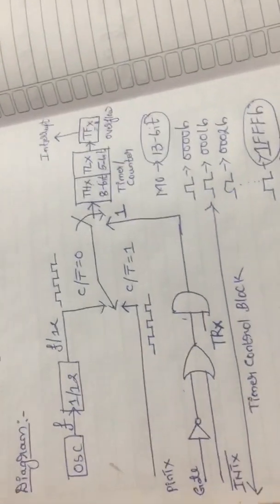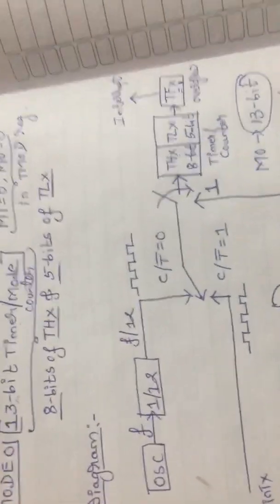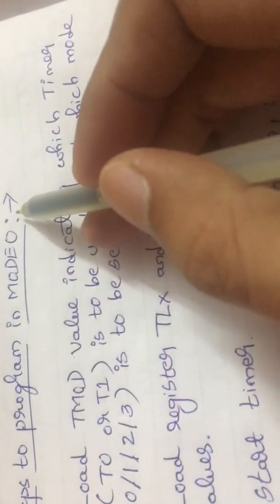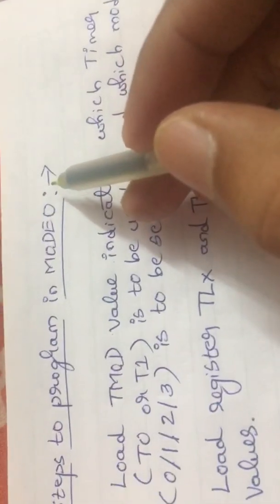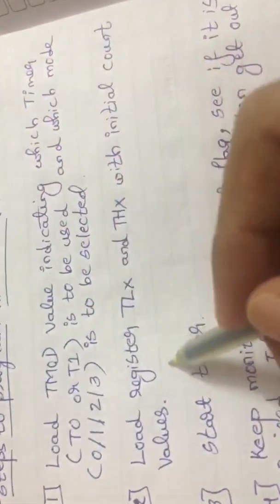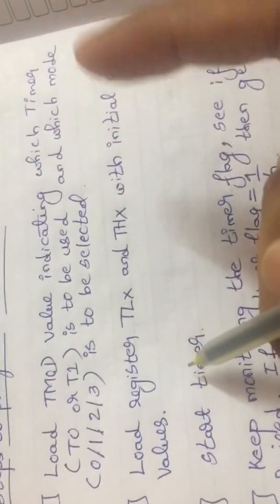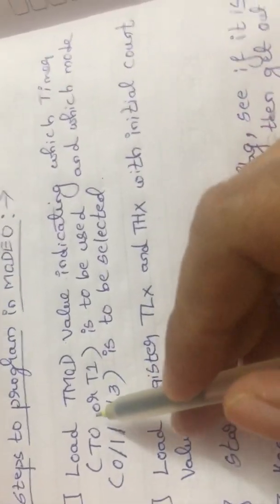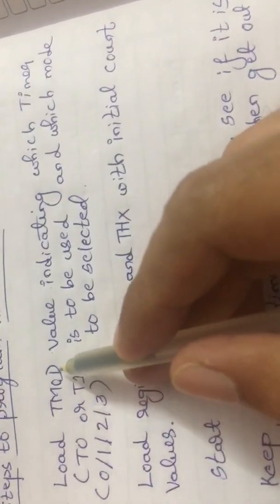Now let us see how the programming steps are to be written for this. The title is Steps to Program in Mode 0. So what are the steps that we need to take? The first step is to load the value of the TMOD register.